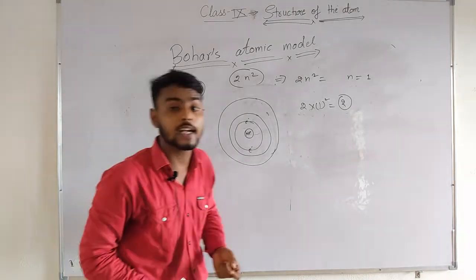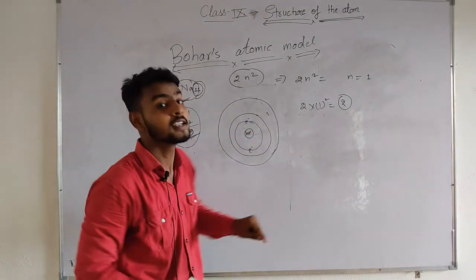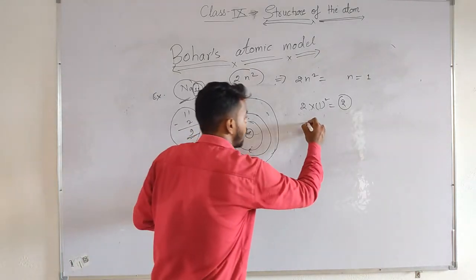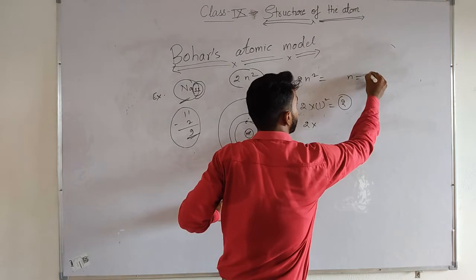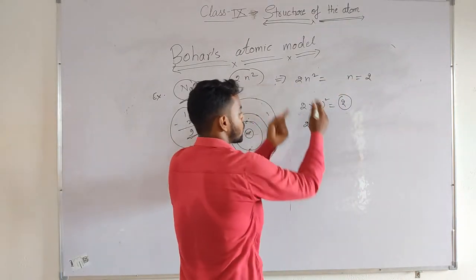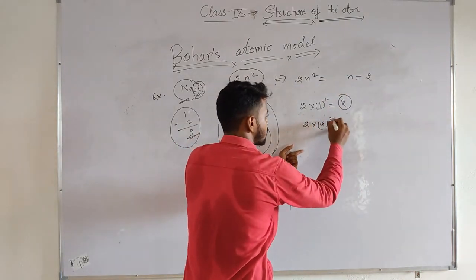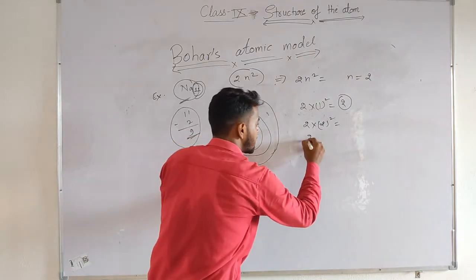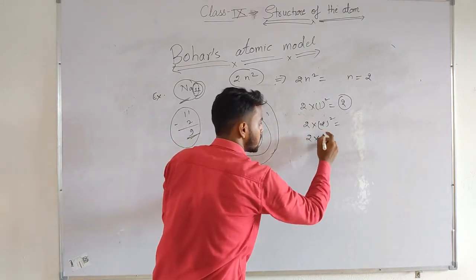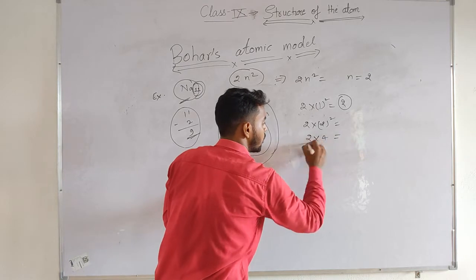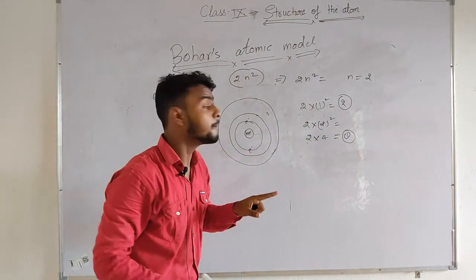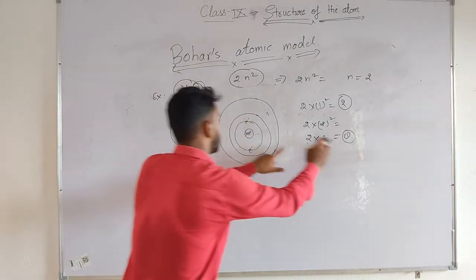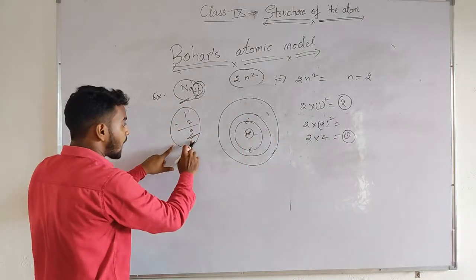How do we arrange them in the second shell? Using the formula 2n square, n is equal to 2, so 2 multiplied by the square of 2, which is 4, gives 8. That means 8 electrons are filled in the second shell, and we have 9 electrons.